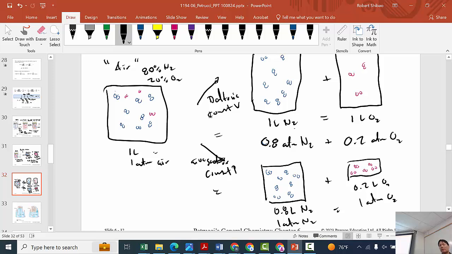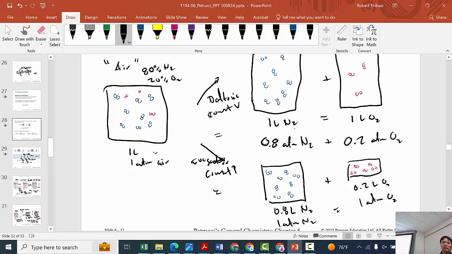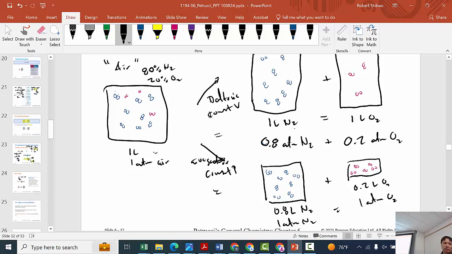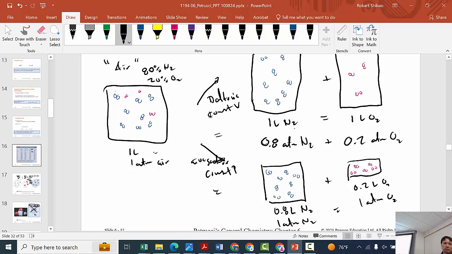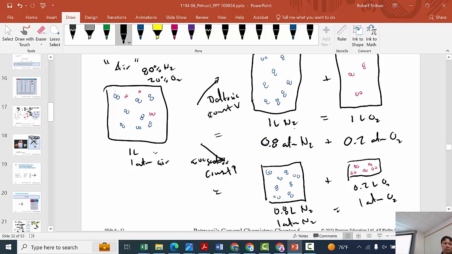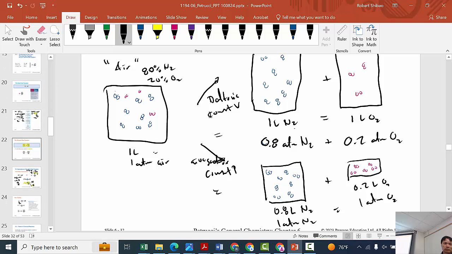Now, which one we use depends on the problem. Sometimes we use Dalton's, sometimes we use Avogadro's. So here, where is it?